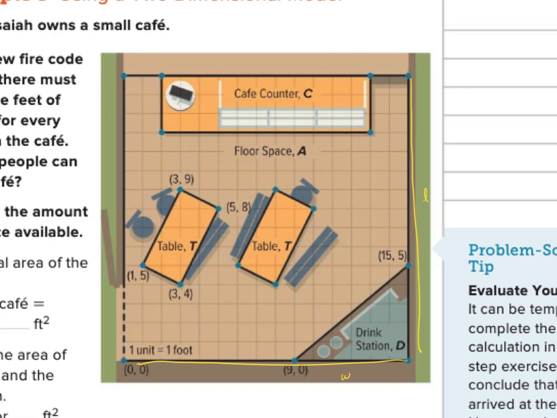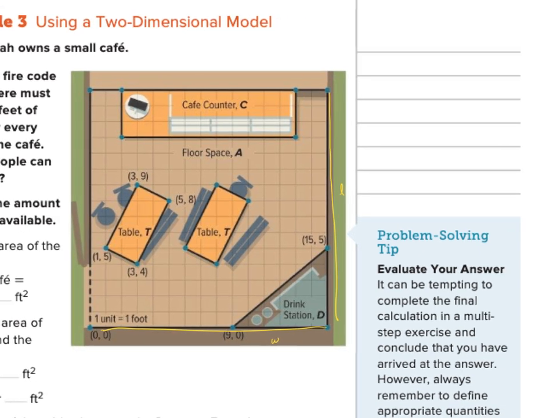The room is 1 unit is 1 foot, so I have 1, 2, 3, 4, 5, 6, 7, 8, 9, 10, 11, 12, 13, 14, 15. So it looks like this may be 15 by 15. It is. So 15 by 15.